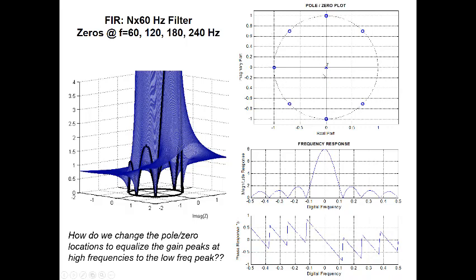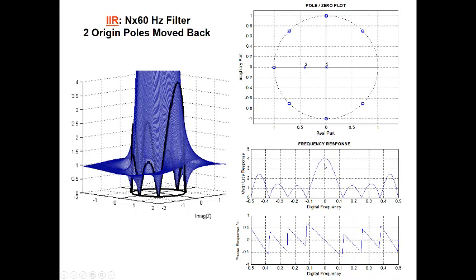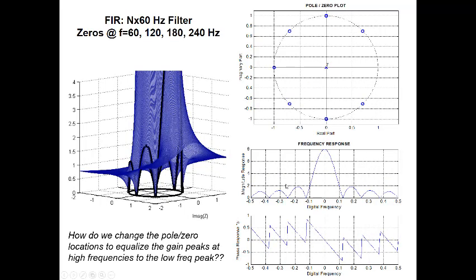So I might surmise that I probably need to move a couple of these poles this way towards the high frequency side to boost up the gains over at higher frequencies and give less boost to the low frequencies. So let's try that. Let's grab 2 poles, shift them back on the real axis, still leave 5 in the middle, and you'll notice we did bring down the center and start bringing up the high frequencies if we compare that to what we had before.